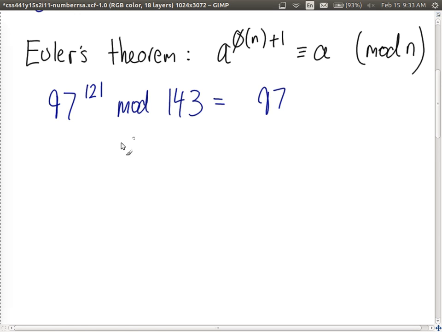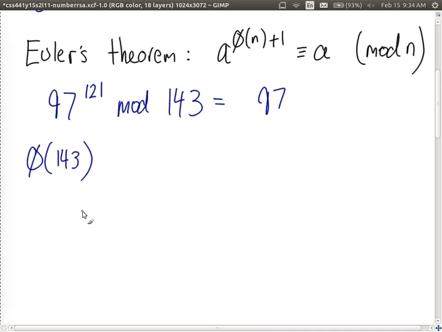Does that work? What is the totient of 143? And here's a hint: 143 is not prime. Find the totient of 143. It shouldn't take long if you do it with a shortcut. It'll take long if you do it manually.